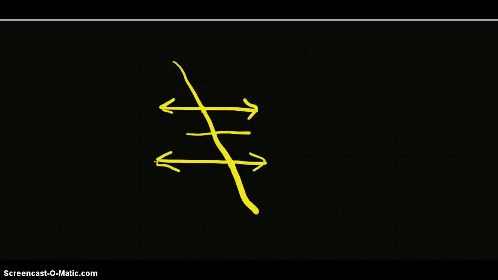Now, thinking back to our vertical angles, we know that this angle is equal to this angle, and this angle is equal to this angle. And if we put this set on top of this set, we would know that this angle is equal to this angle. Let's circle it. And this angle is equal to this angle.